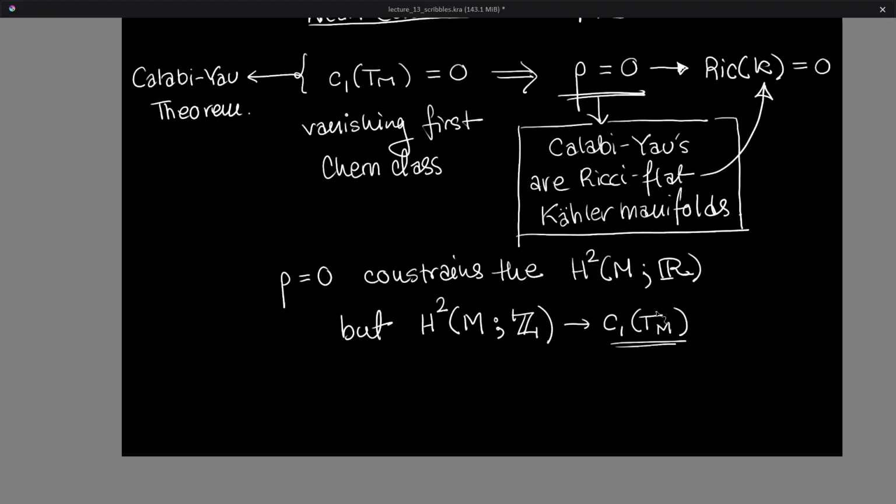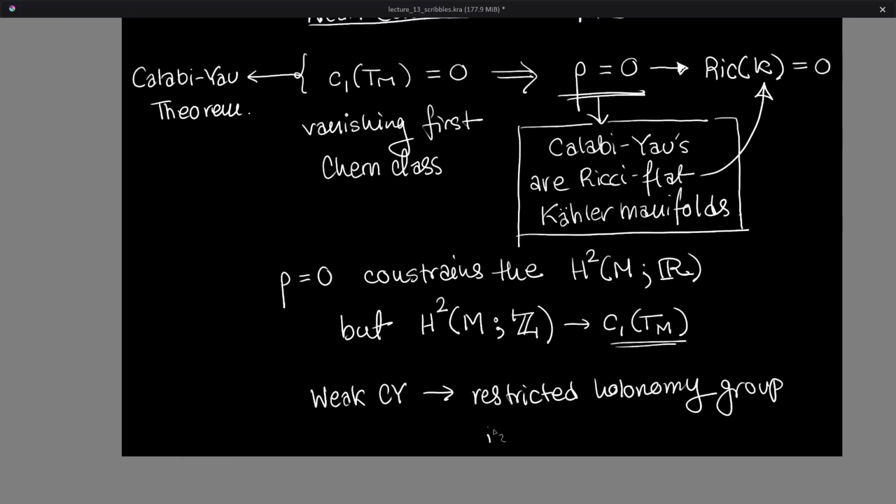So this leads us to an important consequence of the weak Calabi-Yau manifold. The weak Calabi-Yau manifold has a specific holonomy, and specifically, it's the restricted holonomy group that we're talking about. For a weak Calabi-Yau, the restricted holonomy group is a subset of SU(m).